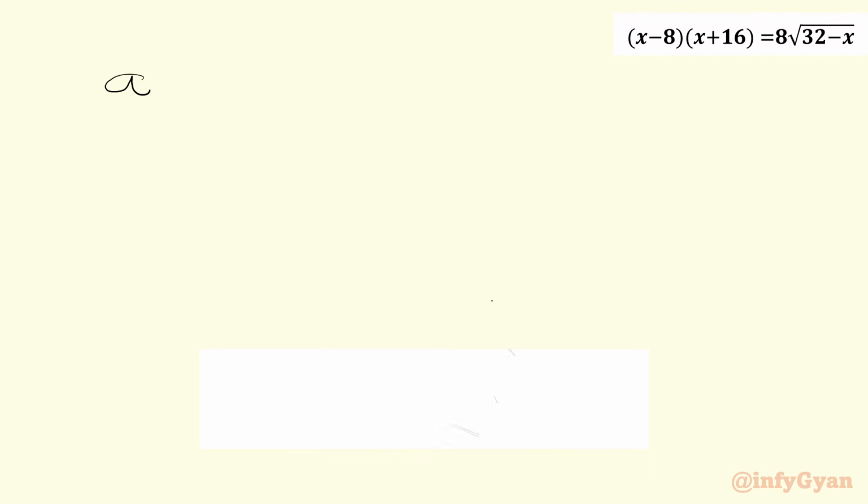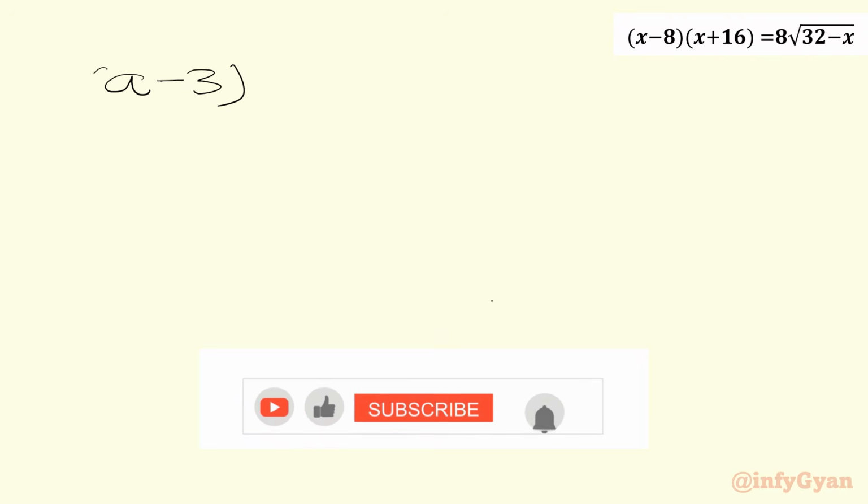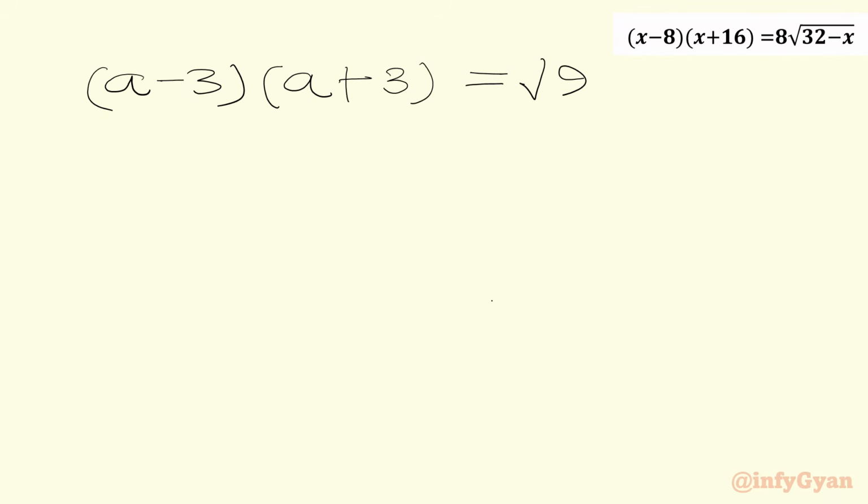So I will write here a minus 3 times a plus 3 equal to the square root of 9 minus a. Now we can talk about the domain of the equation. For a to be real, or for x to be real, the radicand must be non-negative.